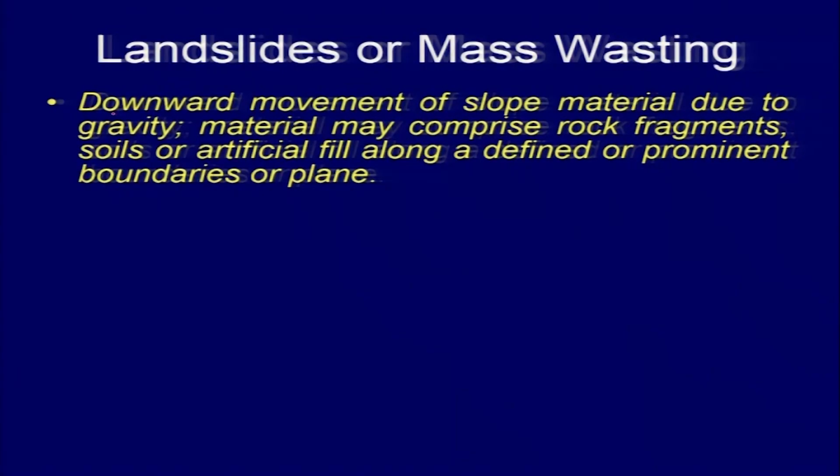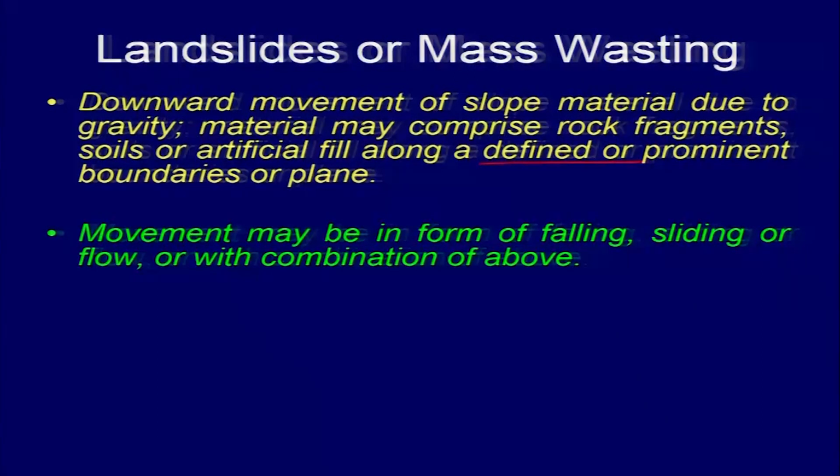So what this means is the downward movement of slope material due to gravity. Material may comprise rock fragments, soil, or artificial fill along a defined or prominent boundary or plane. So the movement will occur along a defined plane.